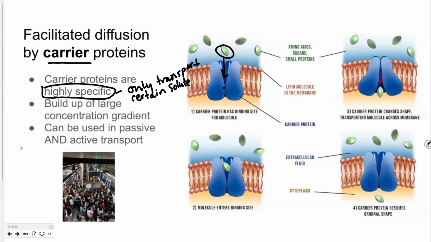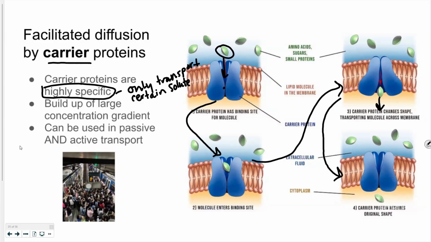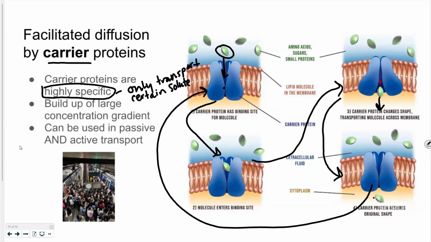So once we have that landing in that pocket, we are going to then change the three-dimensional shape of that carrier protein, release the solute into the cell or out of the cell, depending on the concentration gradient. And then once that protein releases the solute, it's going to change its shape back to the original shape. And so it's going to have this cycle.